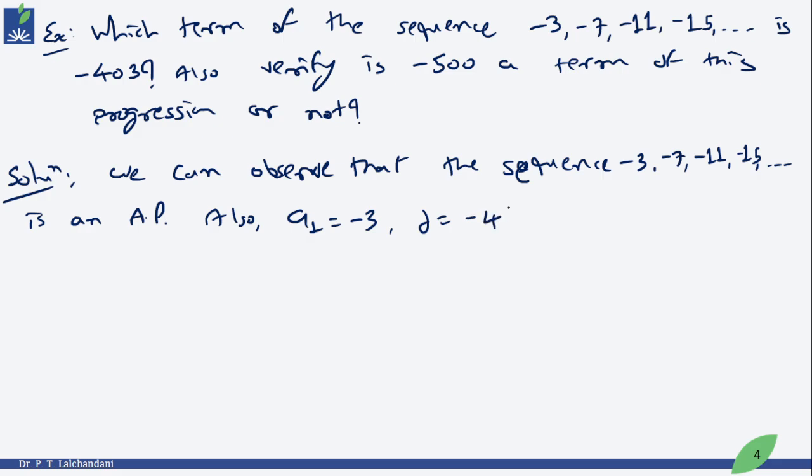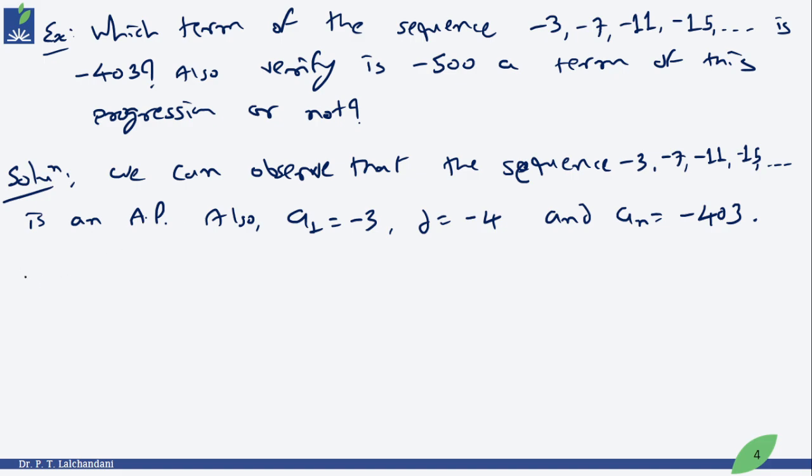Just now we discussed that it is -4, that is -7 plus 3, which is -4, and an is equal to -403. This much is given in the question. We have to find the value of n for which an is equal to -403.